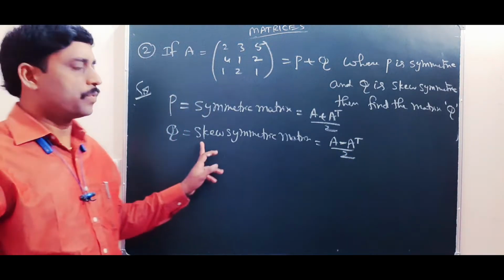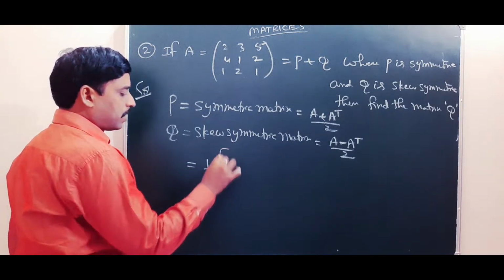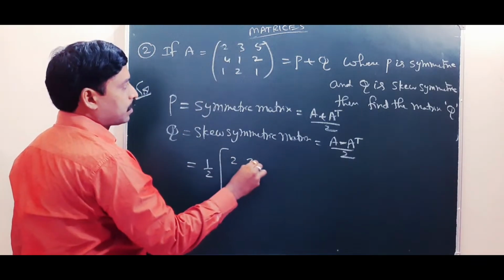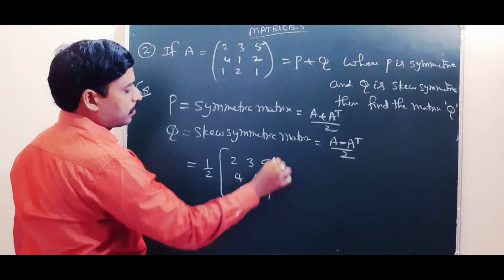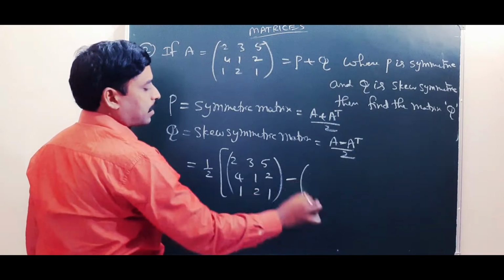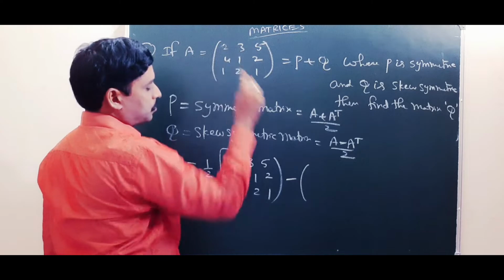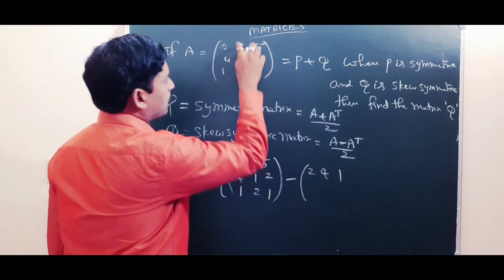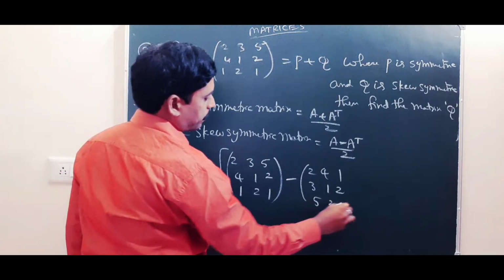But our target is the skew symmetric matrix. 1 by 2 times, so what is A given? A is [2 3 5; 4 1 2; 1 2 1] minus transpose of A. The transpose of the given matrix is [2 4 1; 3 1 2; 5 2 1].